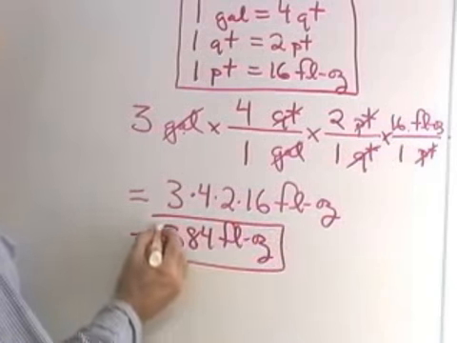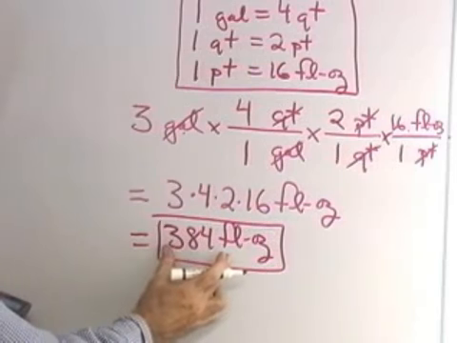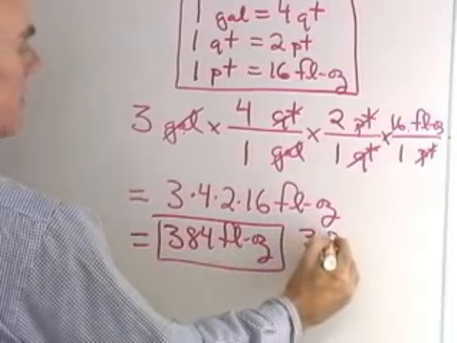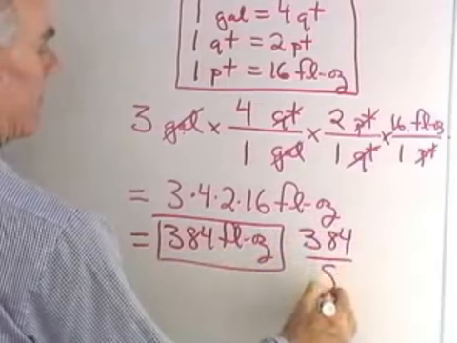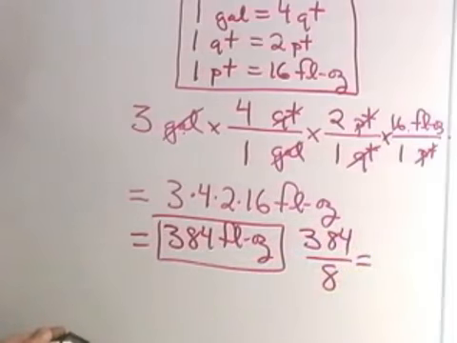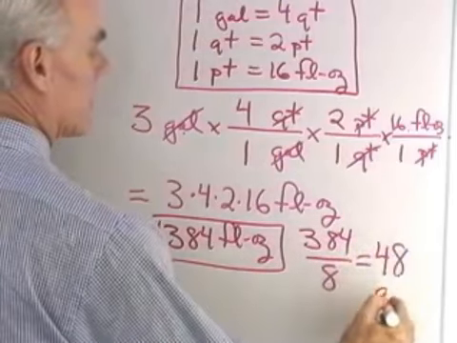So there's the total number of fluid ounces in 3 gallons. Now I'm going to take this number of fluid ounces and see how many 8 fluid ounce glasses there are in this by taking 384 and dividing by 8. Fluid ounces over fluid ounces will divide to 1, so I divide this by 8, and I end up with 48 glasses.